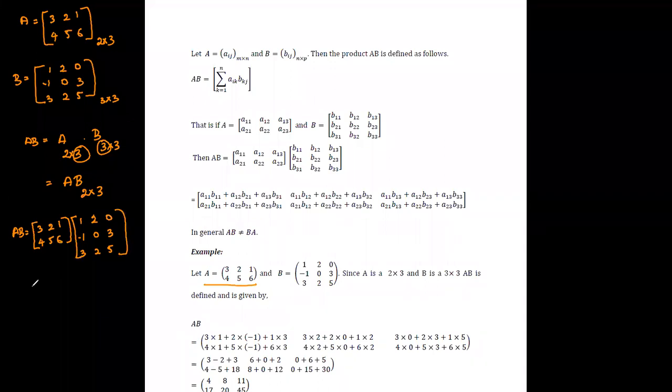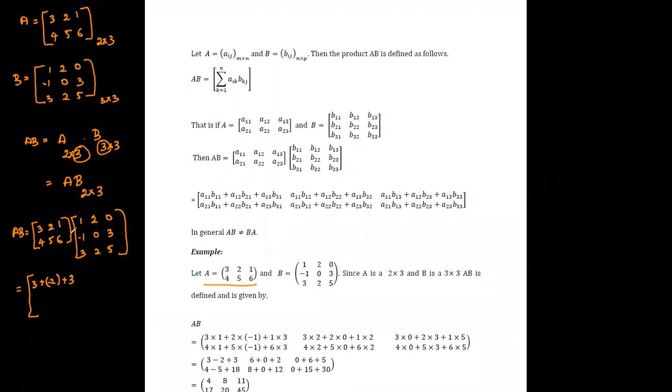If you perform this calculation, we will obtain the answers. Here, first row with first column: 3 times 1, 2 times minus 1, then 1 times 3. First row with the second column: 3 times 2 is 6, 2 times 0 is 0, 1 times 2 is 2.